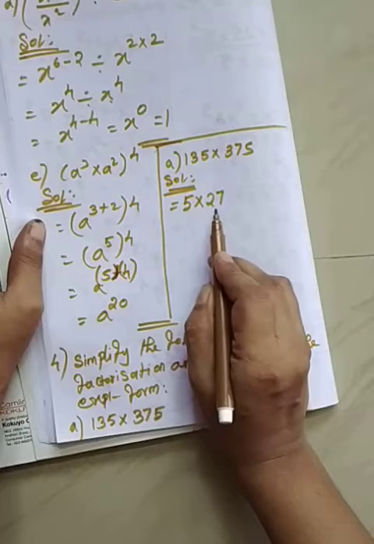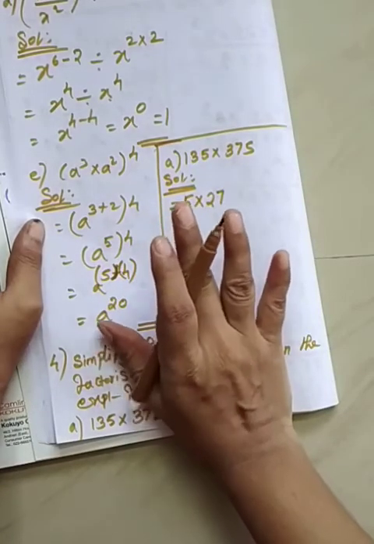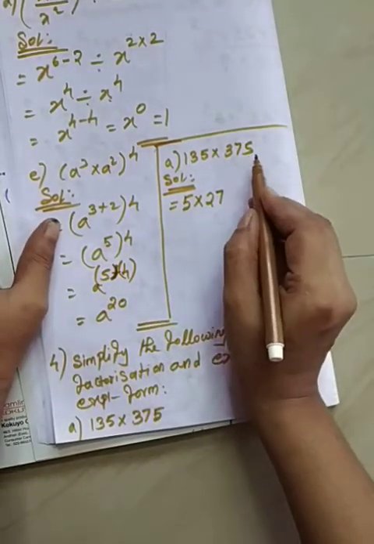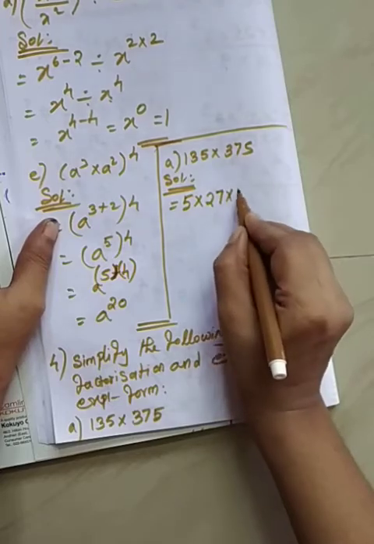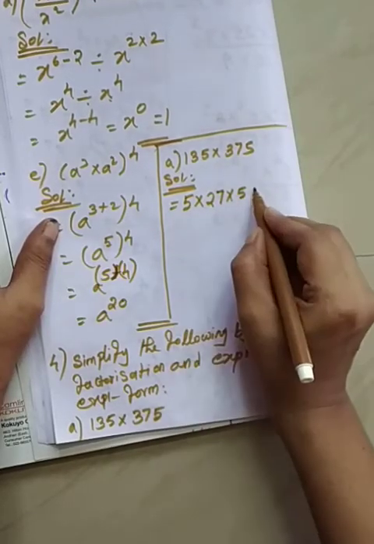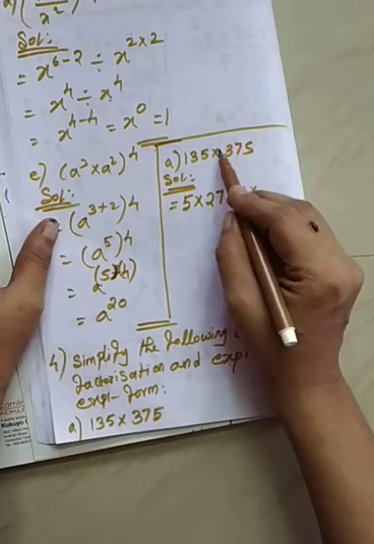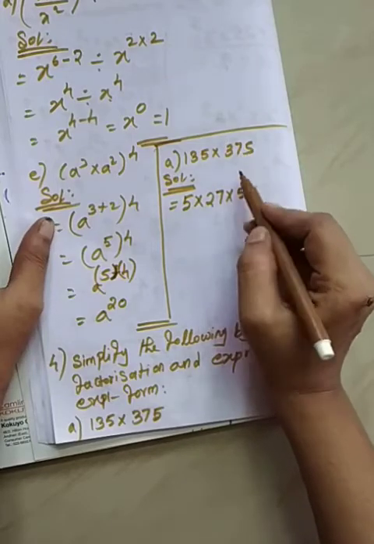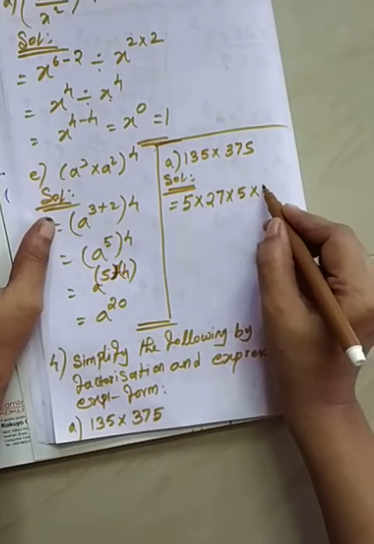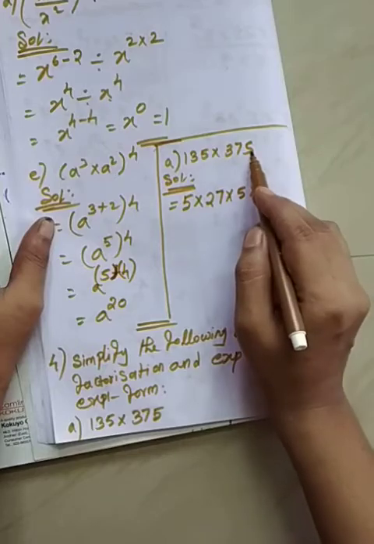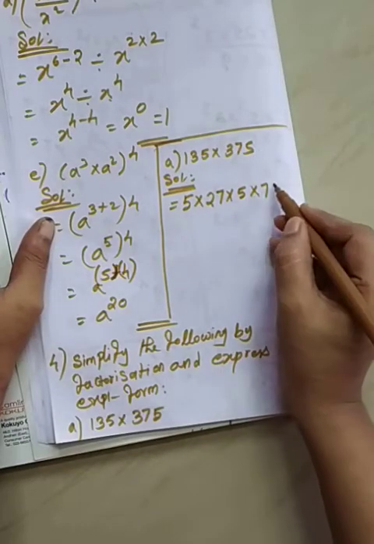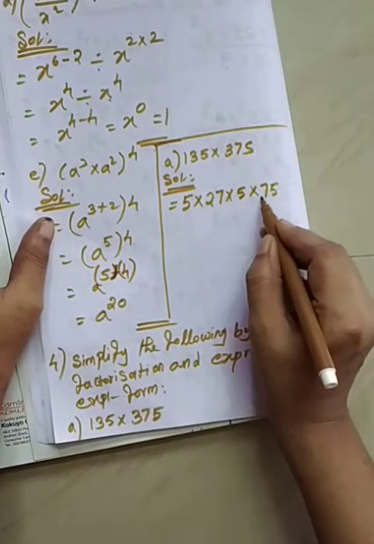So 5 into 27. Clear? The next one, 375. So again you can use the fifth table, you can put 5 into, how many 5s are here? Okay, 7 5s are 35. So remainder 2 and then here 5. So 25, 5. See, 5 into 75.